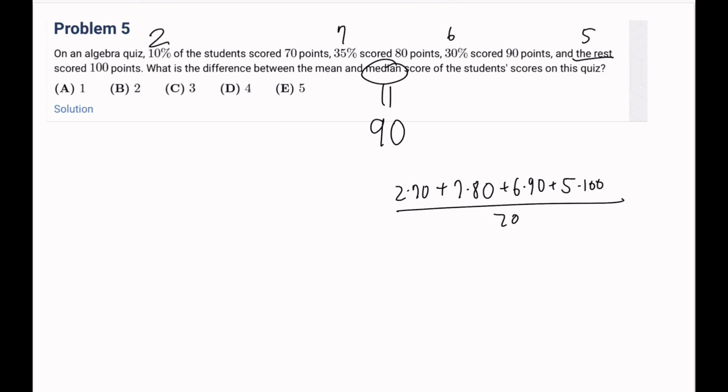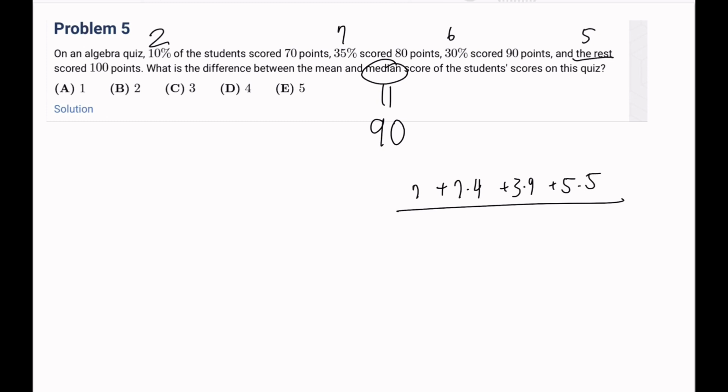And if we cross out a 0 from each, 7, 8, like that, and we cross out a 2 from each, so that 2 would go away, that 2 would go away. This 8 would become a 4, this 6 would become a 3, and this 10 would become a 5, right?